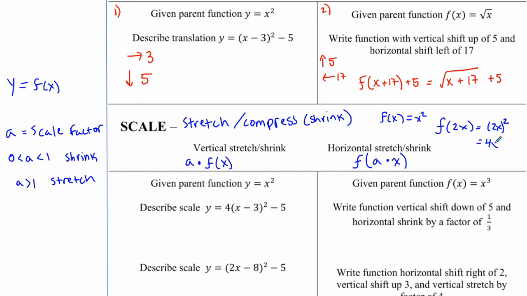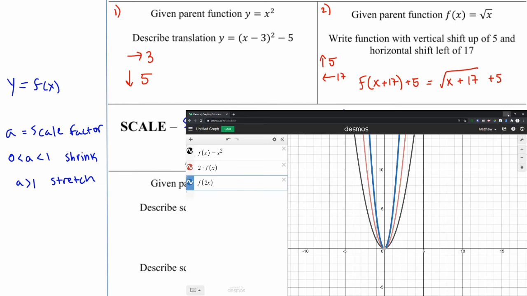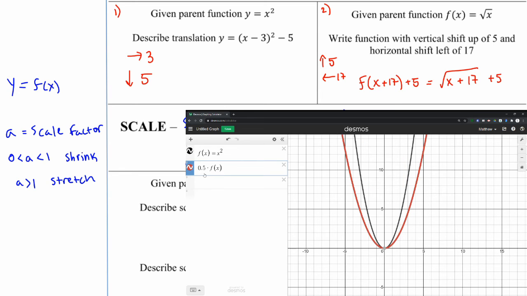So I'm looking at 4x squared, so it's stretching by even more. If we multiplied by something between 0 and 1, let's multiply by 1/2, it's going to make the graph a little bit wider, smush it down a little bit. That's why I like the term compression as opposed to shrink.